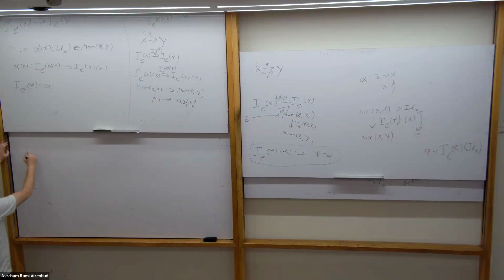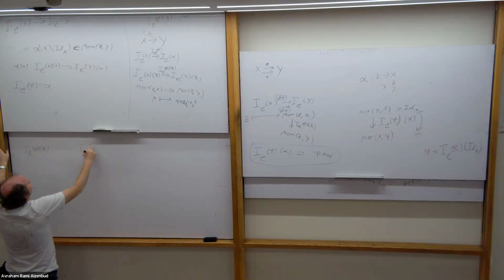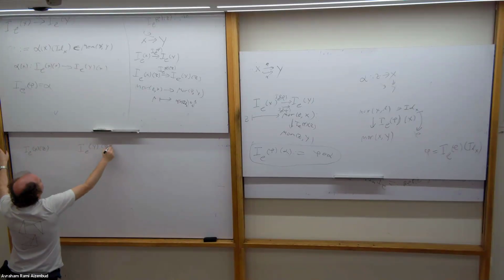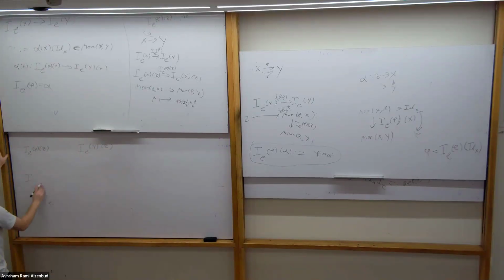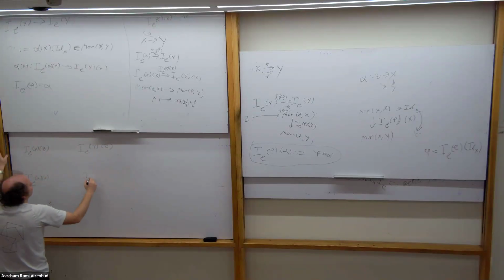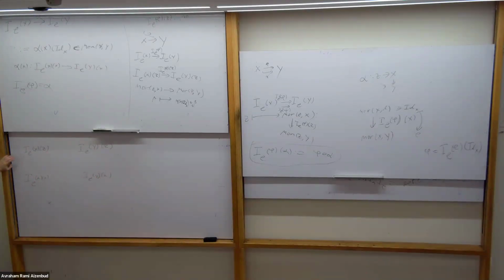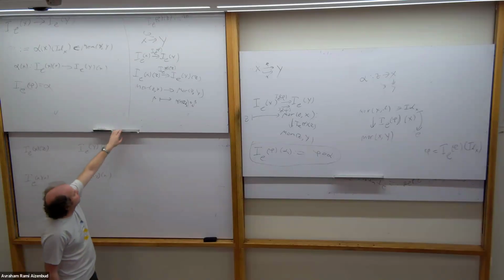IC of X of z, IC of Y of z, IC of X, IC of Y. And now I want to choose a morphism between X and z.